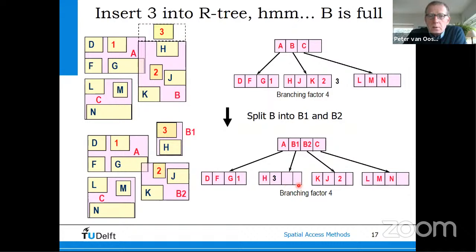Here you see also where the guarantee that the nodes will at least be half full comes from. Because after a split of a full node, one of the 2 halves will have a half full occupation, and the other one will have a half full plus 1 occupation, if you divide them well.